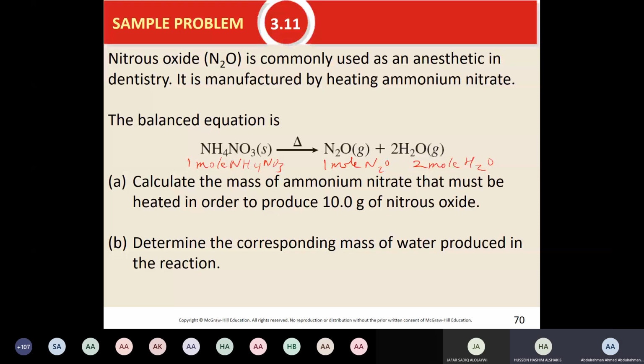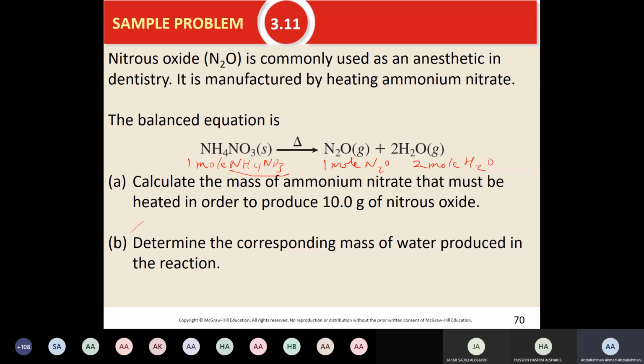Get your periodic table and find the mass. What's the mass of NH4NO3? Get your calculator, periodic table and calculator, quickly. 80 gram.